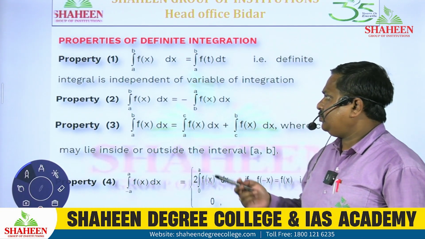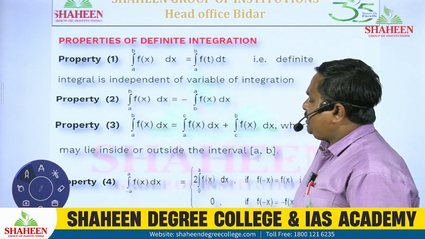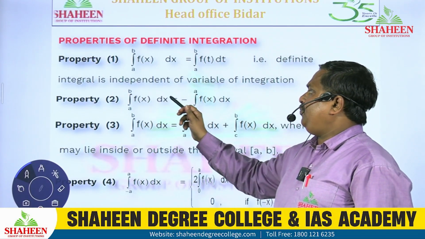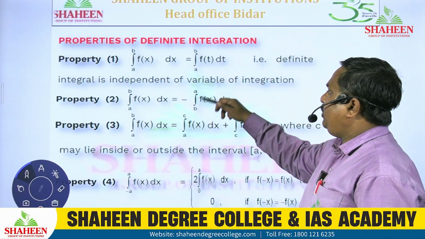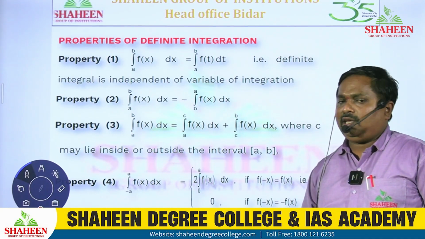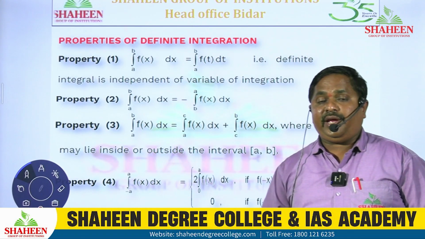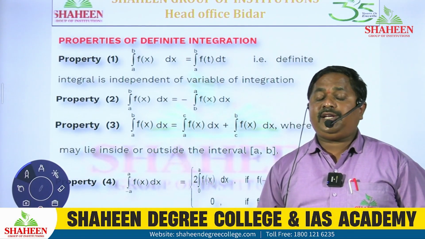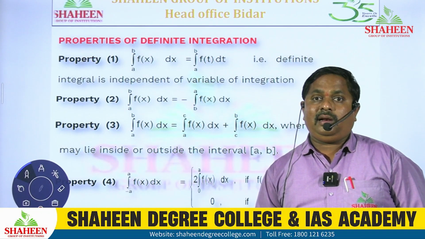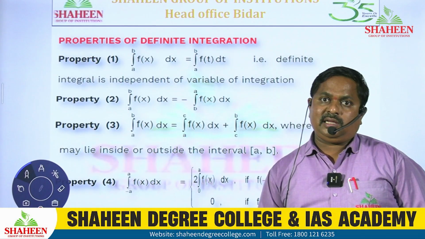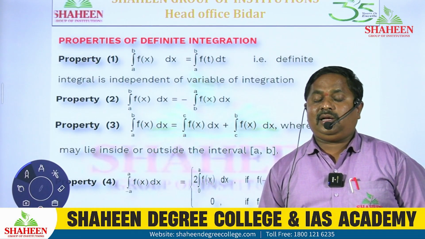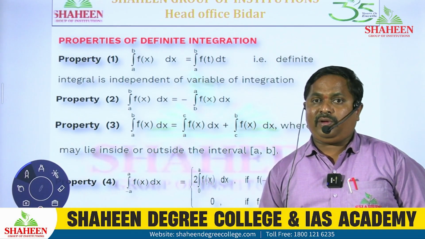Next, the second property is integration from a to b f of x dx is equal to minus integration from b to a f of x dx. It means that if we interchange the limits of the integrable function, then the sign of the integration value changes.